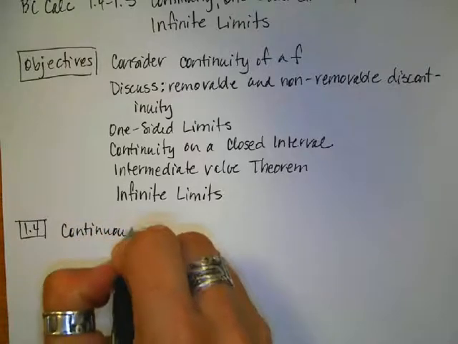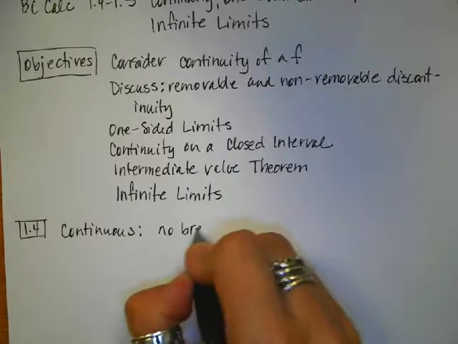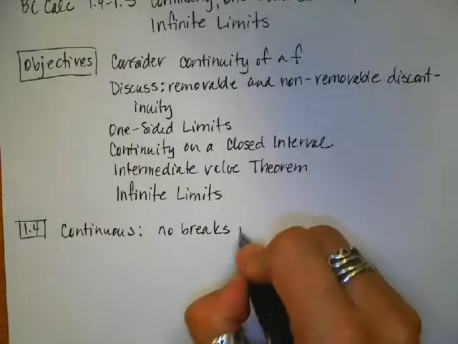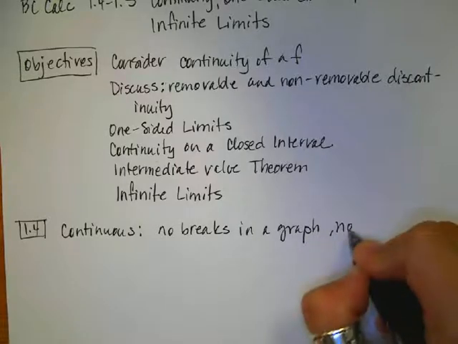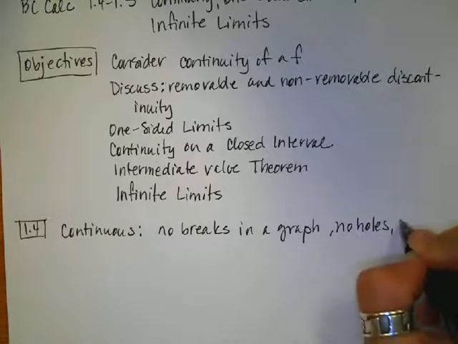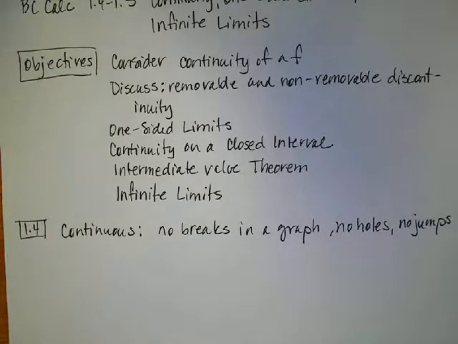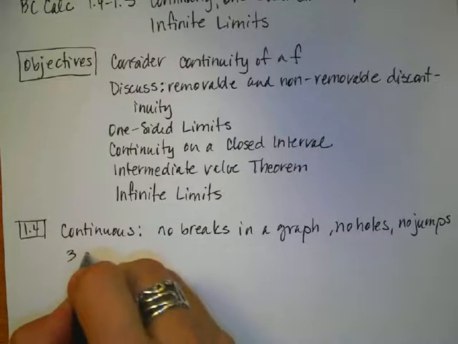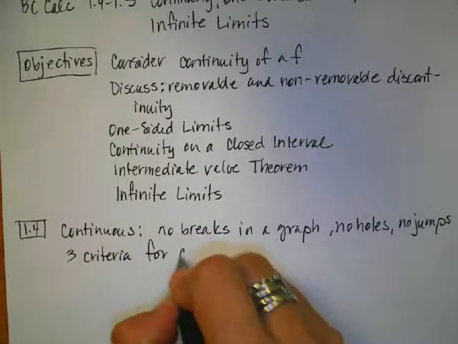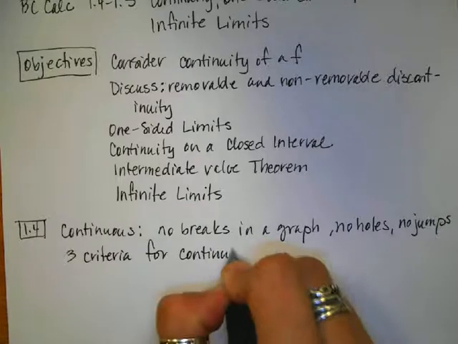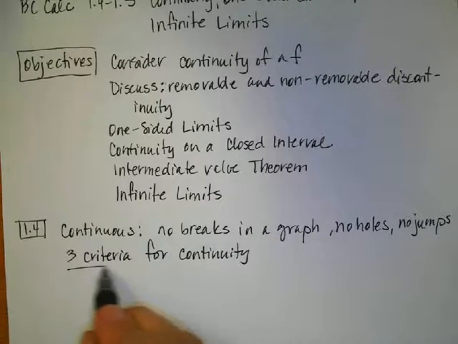So if you'll remember, continuous means that there are no breaks in a graph, there are no holes, there are no jumps. Okay? There are three criteria for continuity. So we're going to talk about the criteria in terms of the definition.